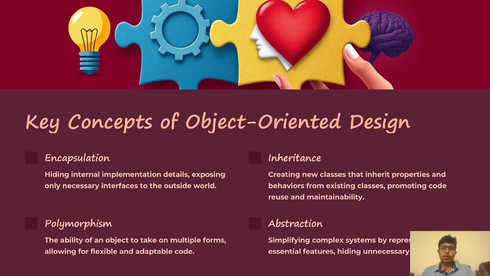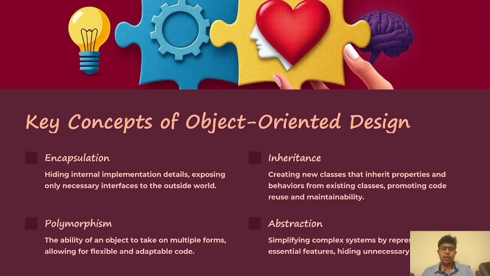Key concepts of object oriented design: encapsulation, inheritance, polymorphism, abstraction. Encapsulation: hiding internal implementation details, exposing only necessary interfaces to the outside world. Inheritance: creating new classes that inherit properties and behaviors from existing classes, promoting code reuse and maintainability.